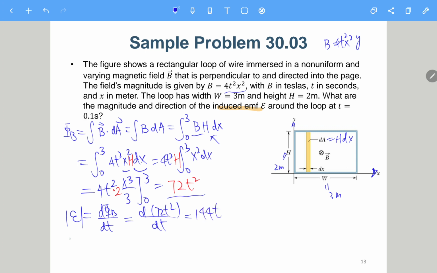Then we evaluate this at t equals 0.1 second, which is 144 times 0.1, which is 14.4 volts.